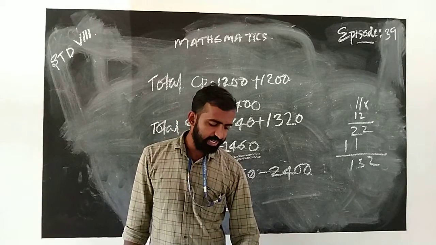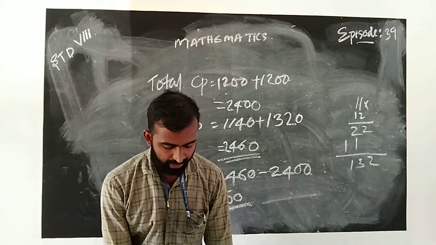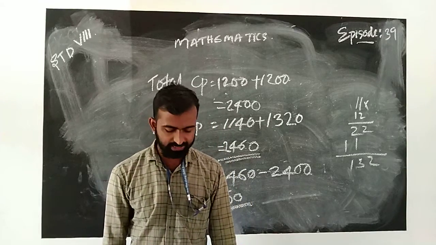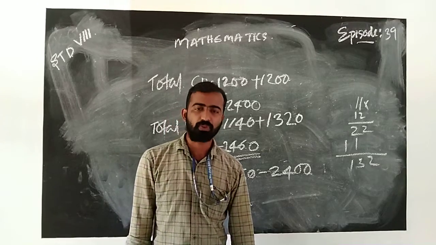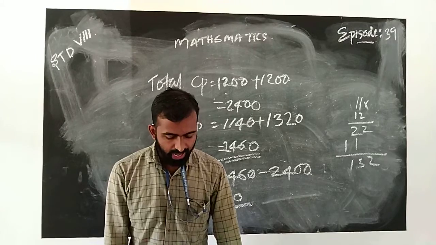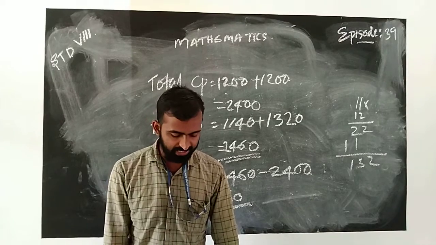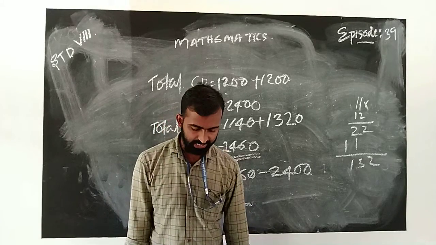Next there is a try this. A shopkeeper bought two TV sets at 10,000 each. He sold one at a profit of 10% and the other at a loss of 10%.